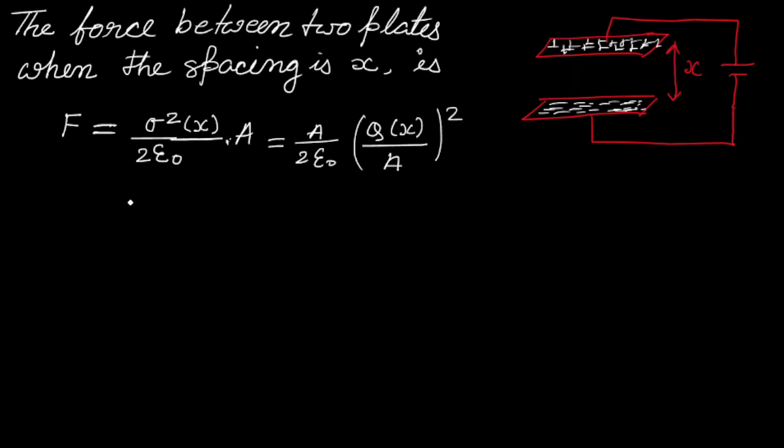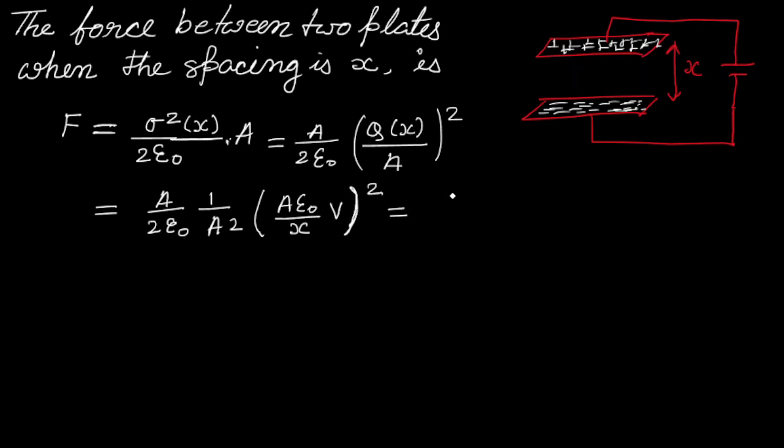What will be the charge on the capacitor when the spacing is x? This will be simply the capacitance at that moment, A epsilon naught divided by x. Since it is connected with the source, the voltage across the capacitor will always remain V. So into V, that will be the charge on the capacitor when the spacing between two plates is x.